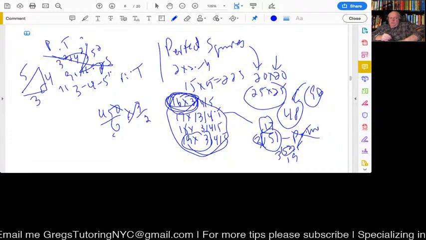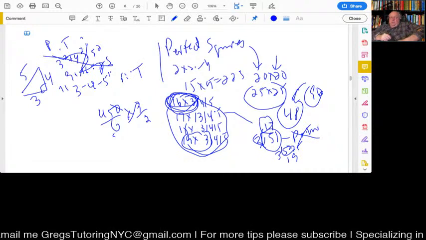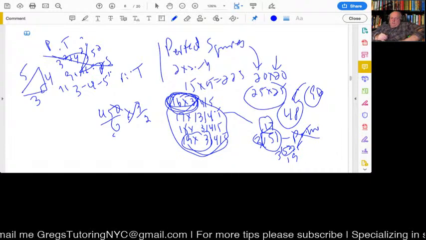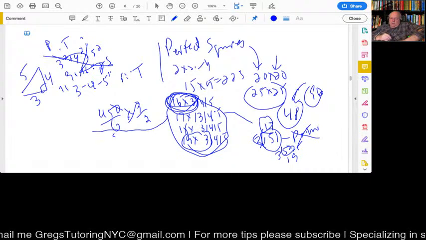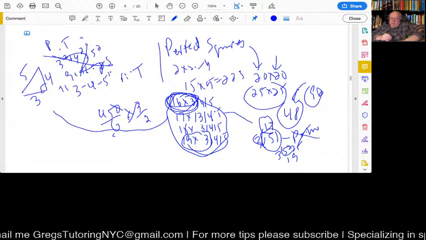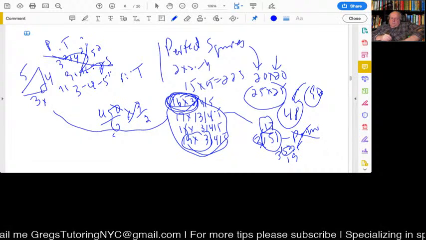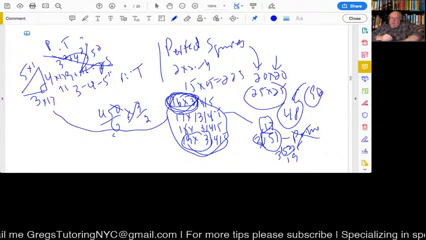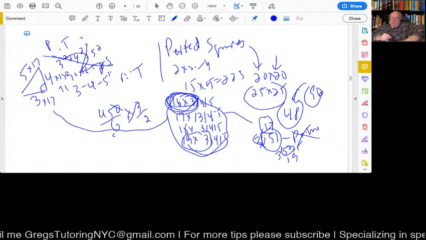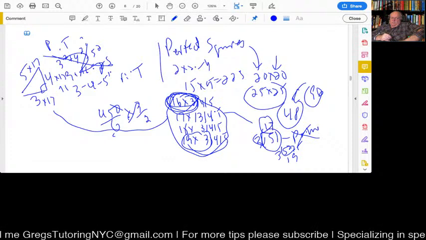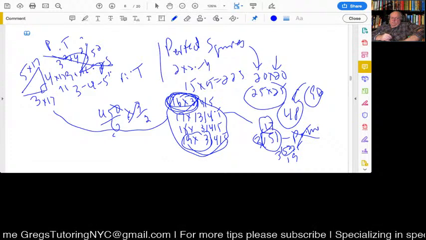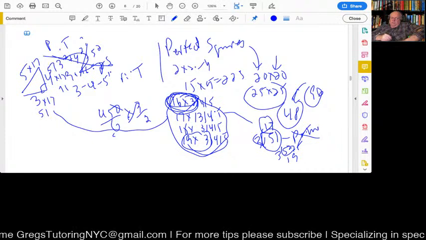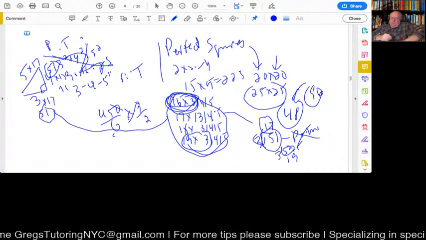Okay? So there's a whole bunch more of those. But even if, so if we come back to say this line here, if this was 3 times 17, then this will be 4 times 17, and this would be 5 times 17, right? So if this was like 51, 57, you should be able to have that leap out at you.